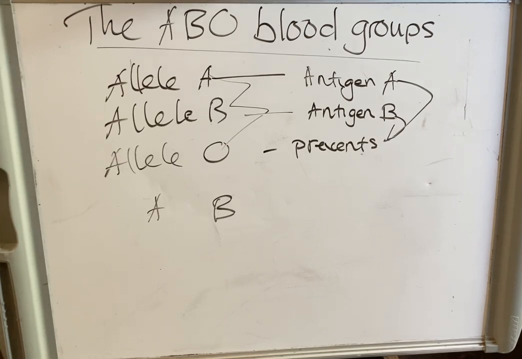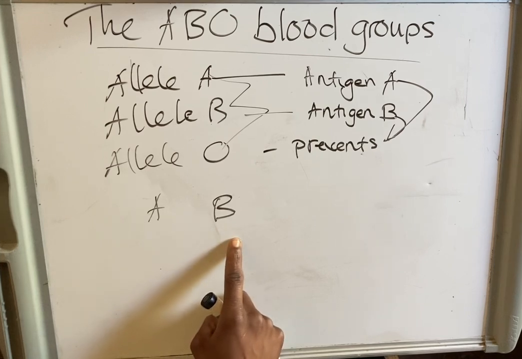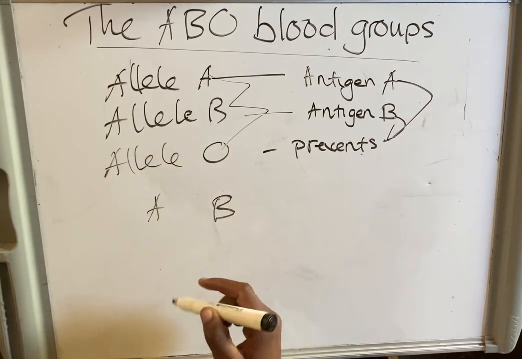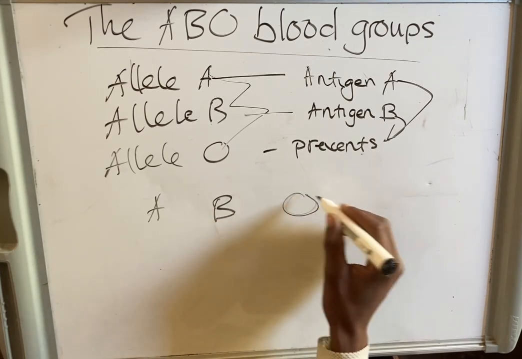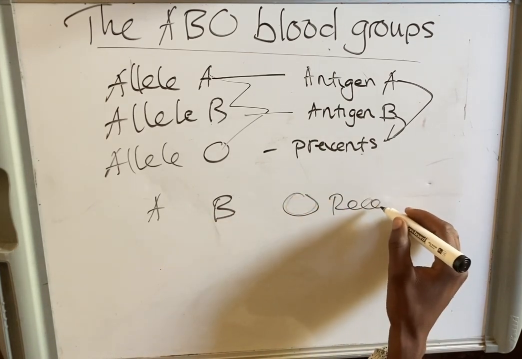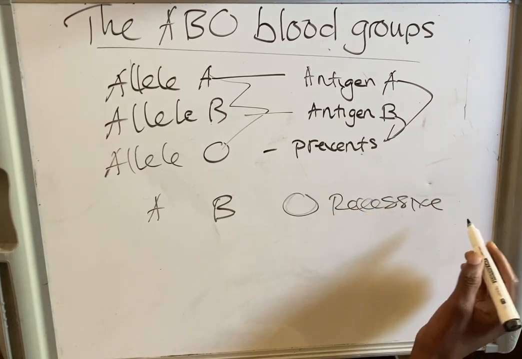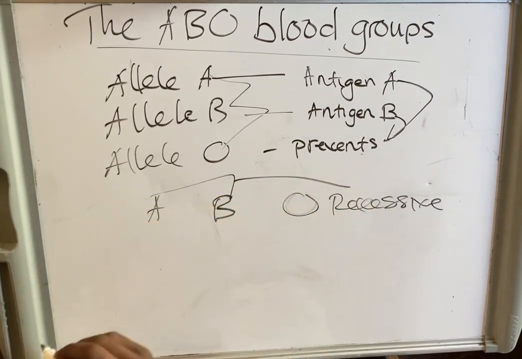What I mean is that you can have antigen A and antigen B being formed in the same offspring. But they are dominant to blood group O, which means that O is the recessive allele. So O is recessive, and these 2 are dominant to O.